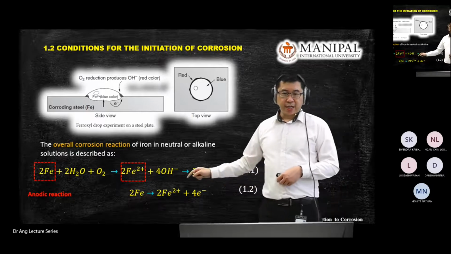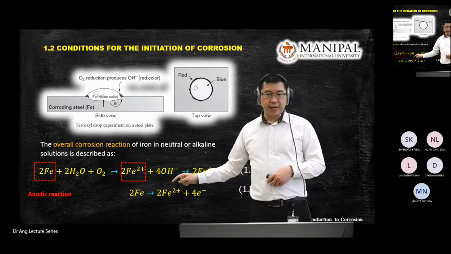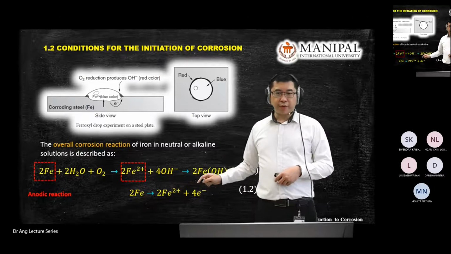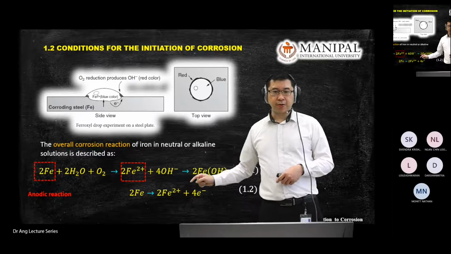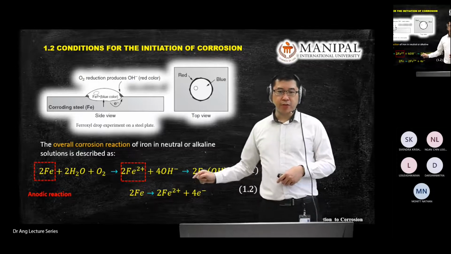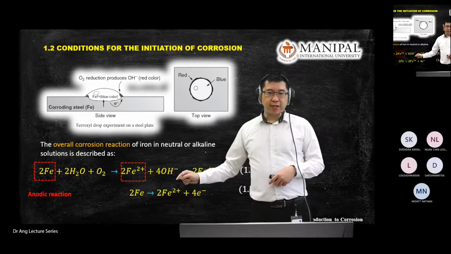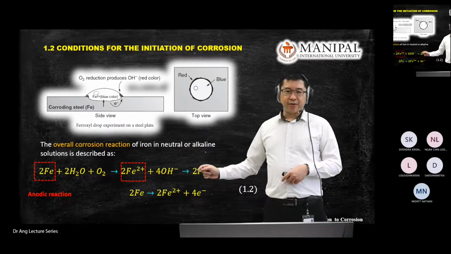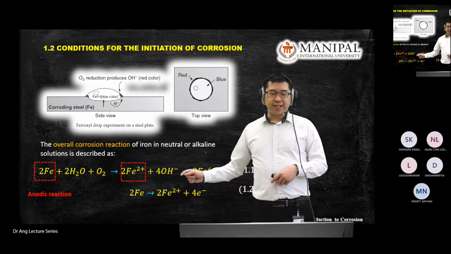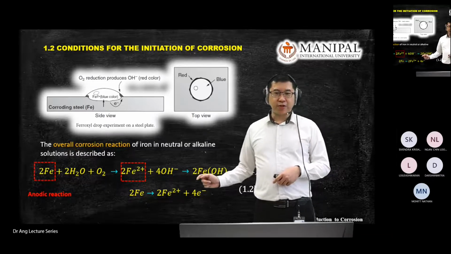Again, if you don't understand why you get 2, why you get 4, please go back to your chemical textbook. We don't have time to explain the charge and discharge, the orbit, how the 2+ forms, how many electrons contribute, and all this.